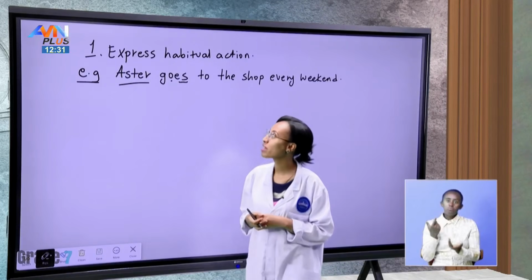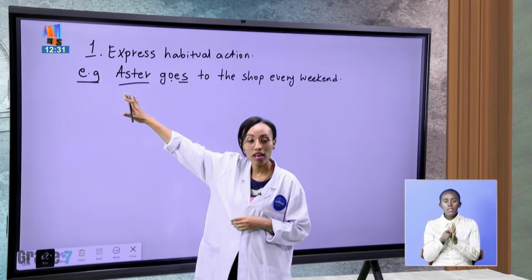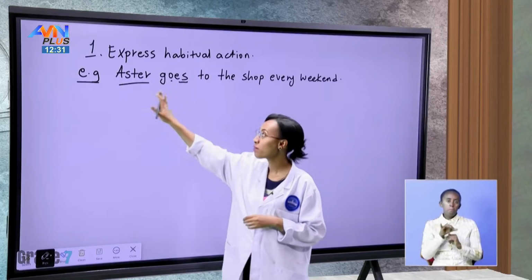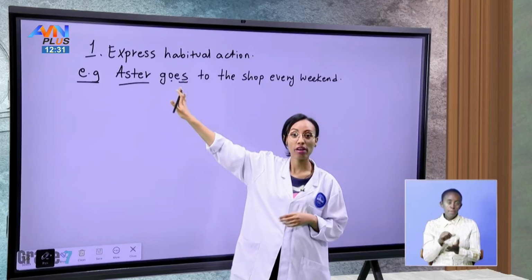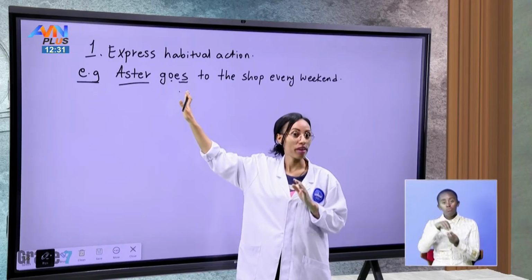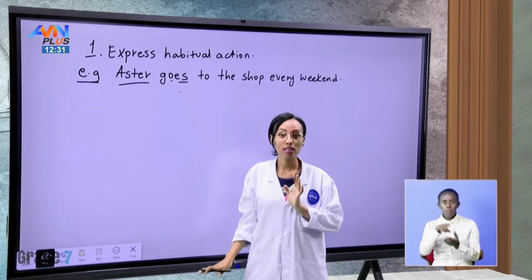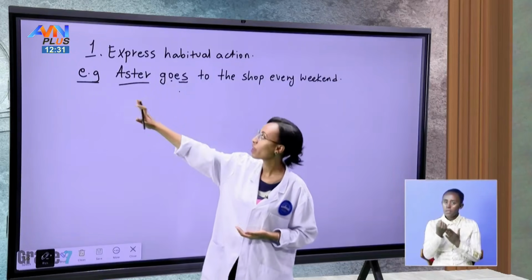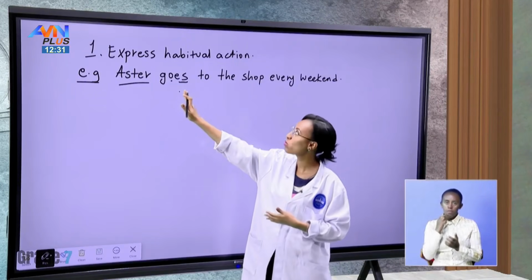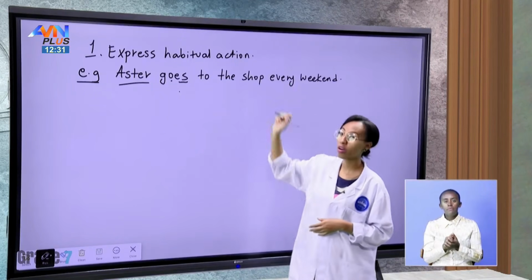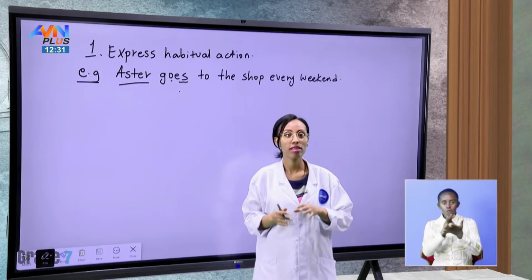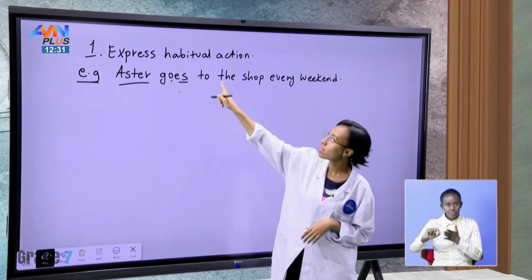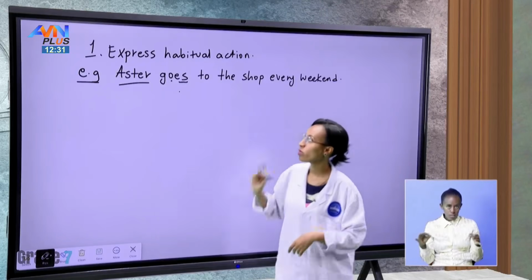Even if it is he or it here, it will be the same. We'll add s or es at the end. We still have our subject, our verb goes, and then our object. That is how we form the simple present tense, and the first use is habitual actions.